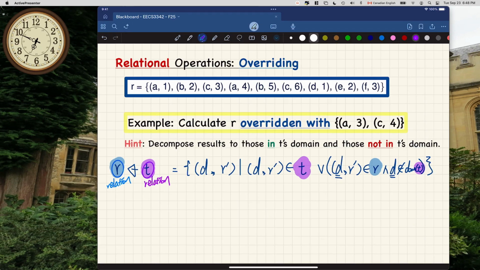Let's now try to break it down. Since we got union, that means we consider these two sets separately and union them together. Let's put it first, to set some foundation for Thursday.